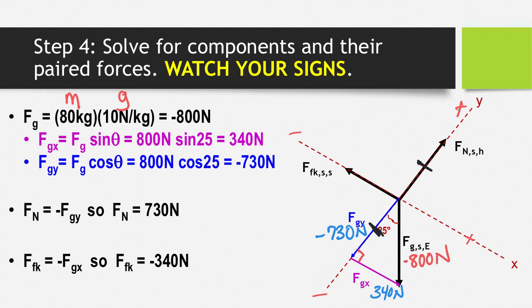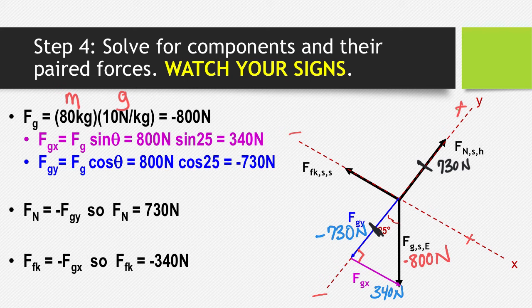Equal in magnitude, opposite in direction, because the skier's not flying up off the slope and he's not sinking into the earth. And so what that tells me is that my normal force has to be equal in magnitude and opposite in direction. That means it must be 730 newtons positive, because FGY is 730 newtons negative.